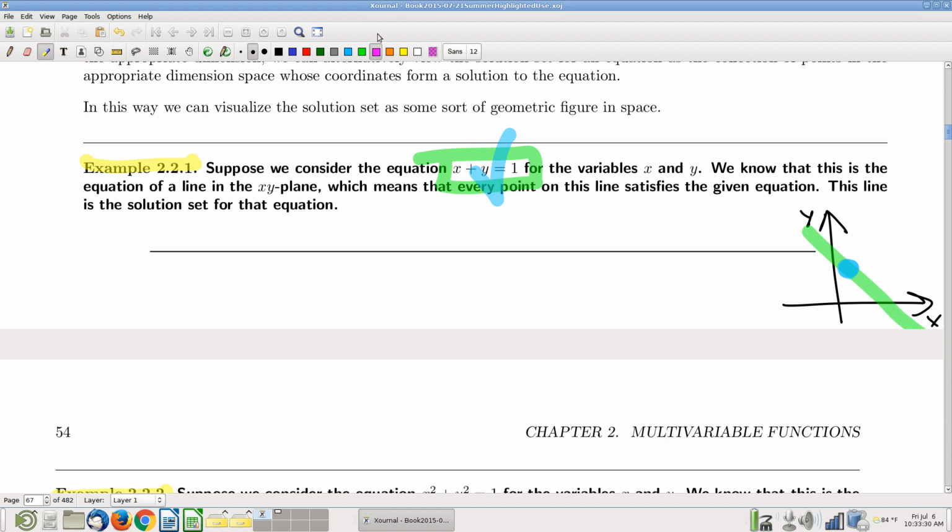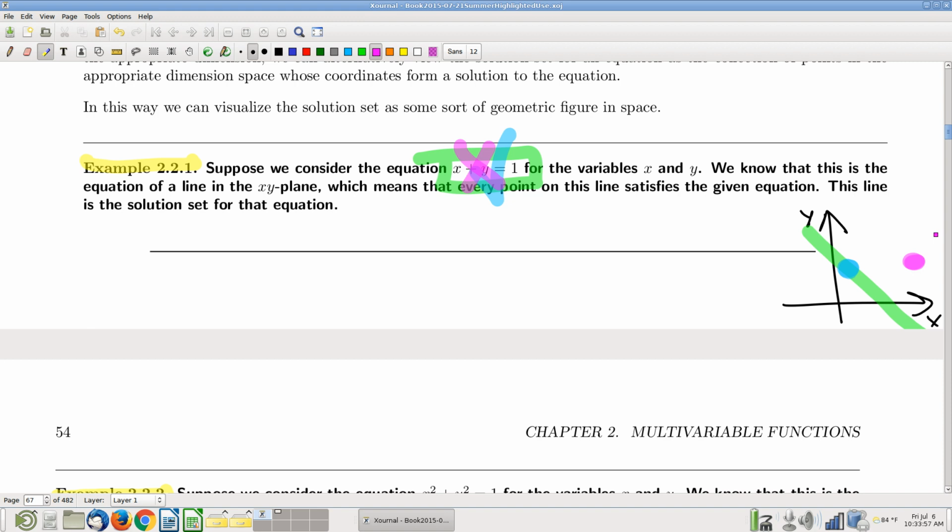If, on the other hand, you come up with an x and a y that don't satisfy the equation, that is a point that is not on the line. So that's what we mean by saying that this is the equation of that line. But just grammatically, another way to say that would be that the line is the set of solutions to the equation. That's just semantics. Is everybody on board with that?